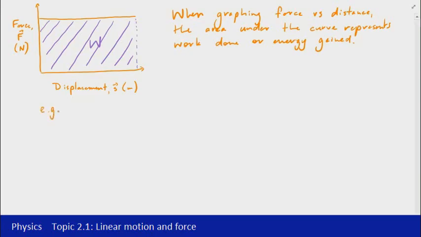Another situation where it's a little bit easier to identify what's happening is something like extending a spring. Now if you think about a spring, the further you stretch it, the harder it is to stretch. So in that case, our force versus displacement graph is not just going to be a straight line or a horizontal line, it's going to be a line that has a slope associated with it.